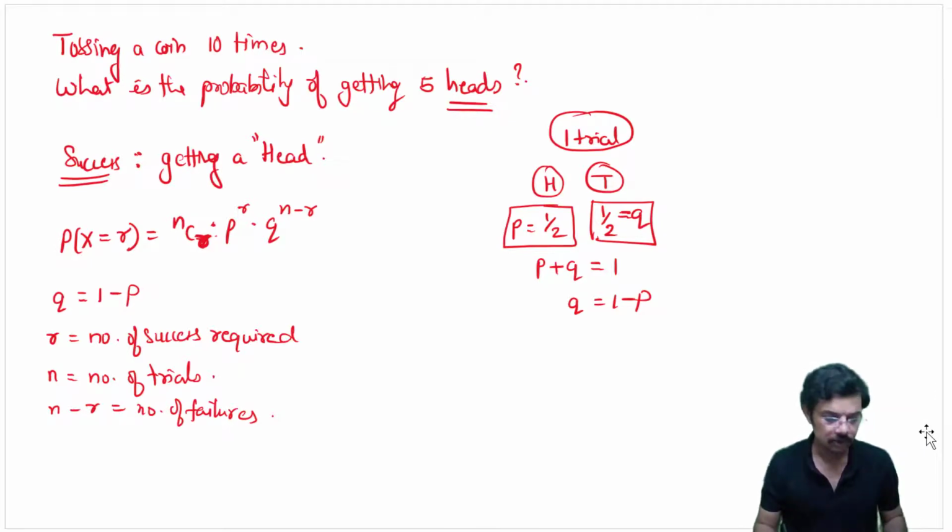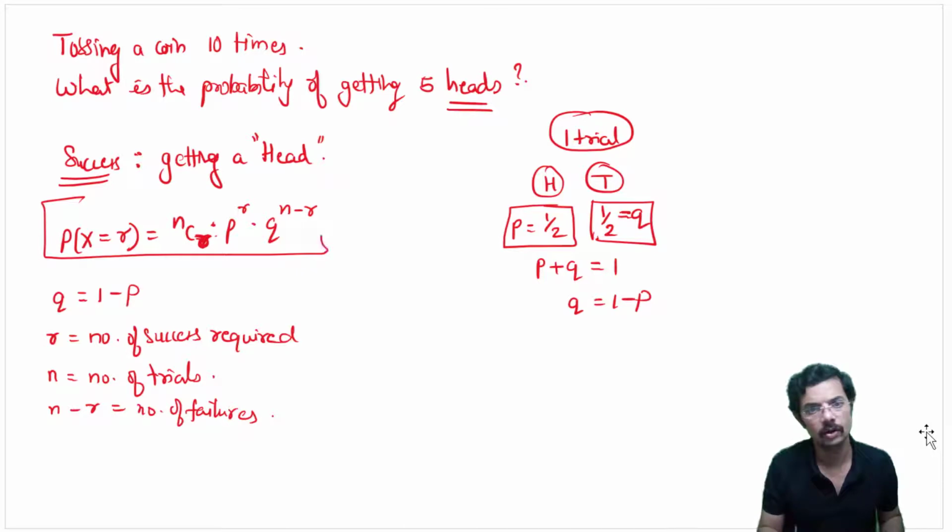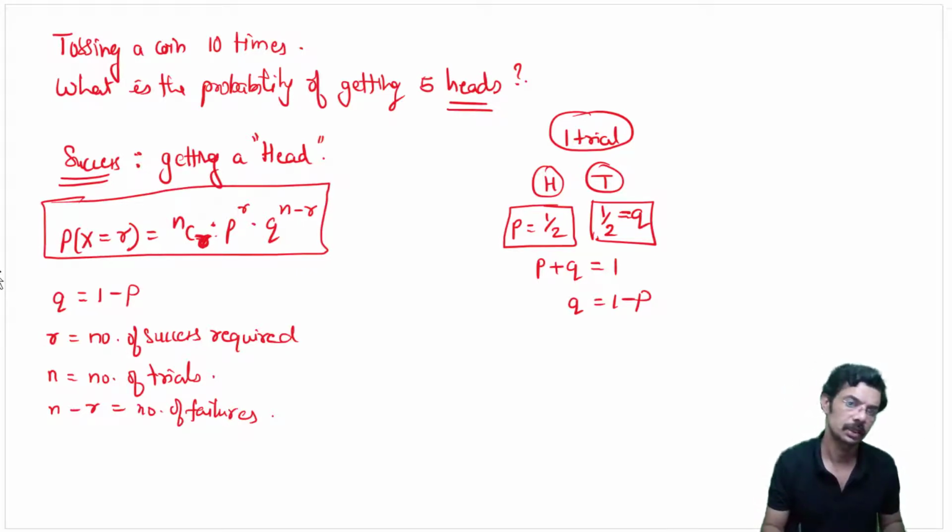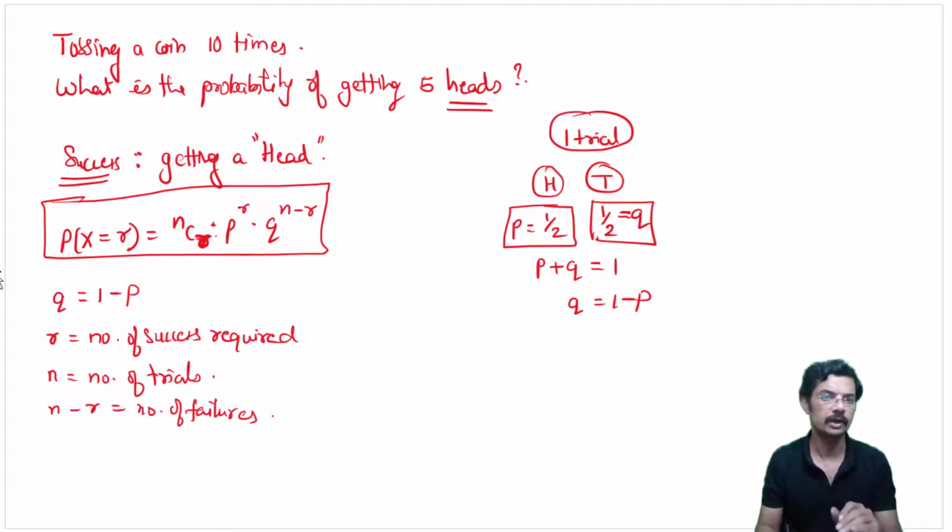So this formula is called the binomial function, and this can be used to find the probability of getting 5 heads. In this case, n is equal to 10 and r is equal to 5.